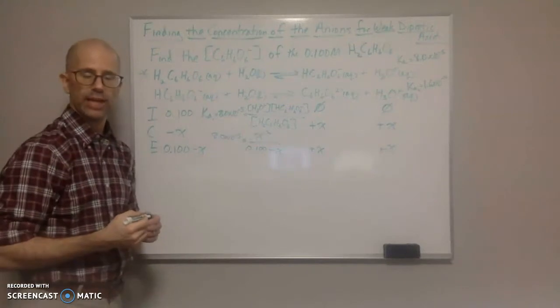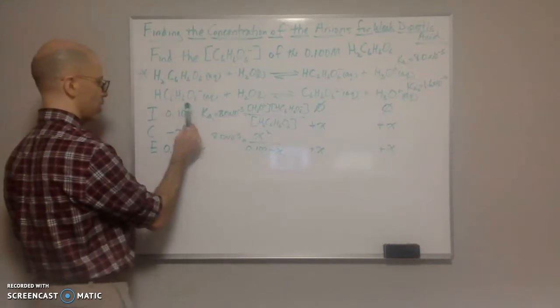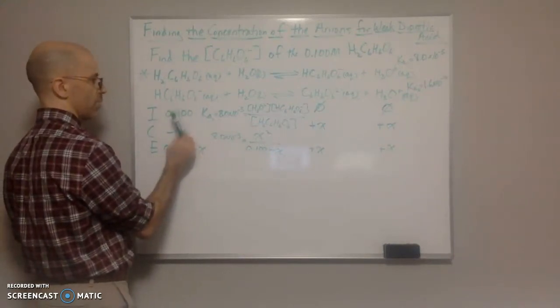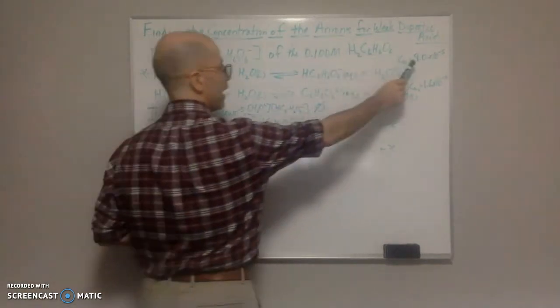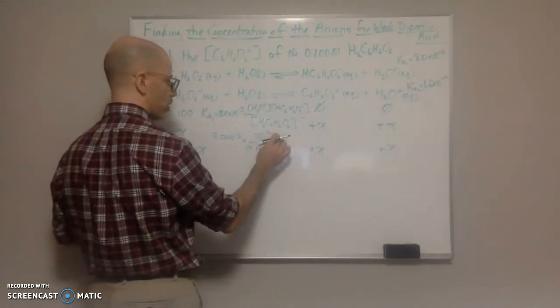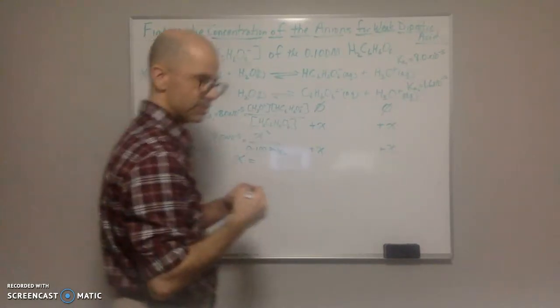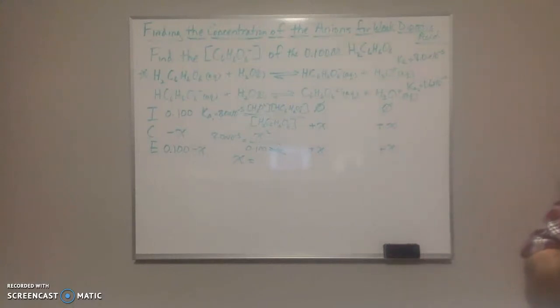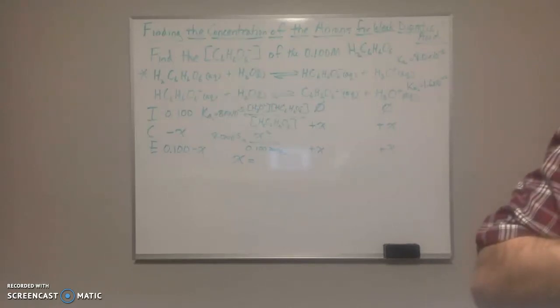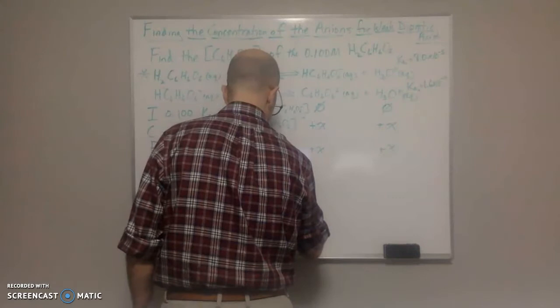And here we can do the X is too small approximation. It will work because our starting concentration is much different from the Ka value here. So X is too small. And then multiply 0.100 by both sides, square root both sides, and you should get X is equal to 2.8 times 10 to the negative 3.